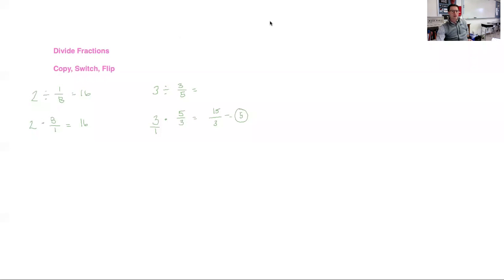The one I like better, maybe not copy, switch, flip, although guys seem partial to that. Mr. Kubik taught me. When he taught me, he said he came up with the poem or saying, yours is not to reason why, just invert and multiply. Meaning invert the second number and then multiply.